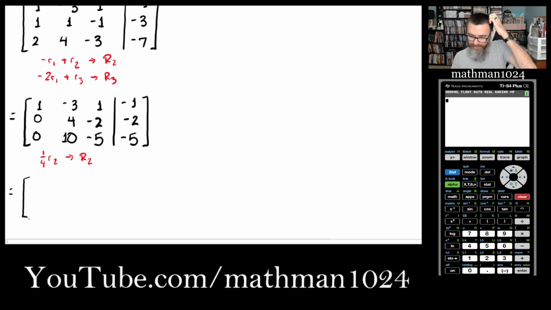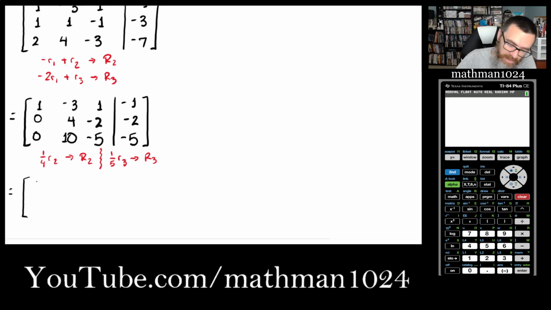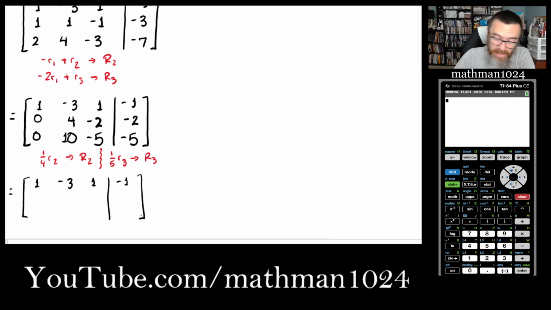I see that the bottom row has a common multiple of 5, so I'm also going to do 1/5 of R3 and replace that third row. You don't have to. If you see that there is a common factor in a row, of course it's coming from an equation, you can multiply or divide everything by a number and make it simpler for you.